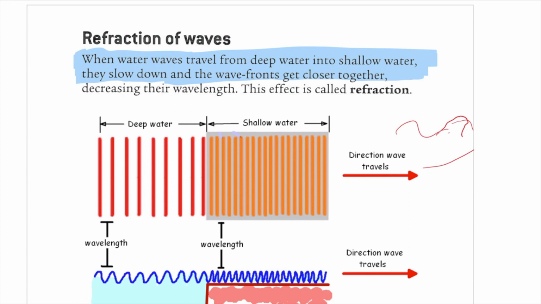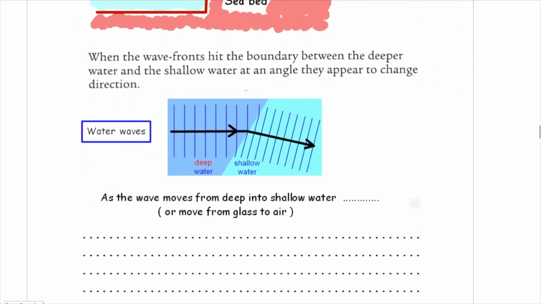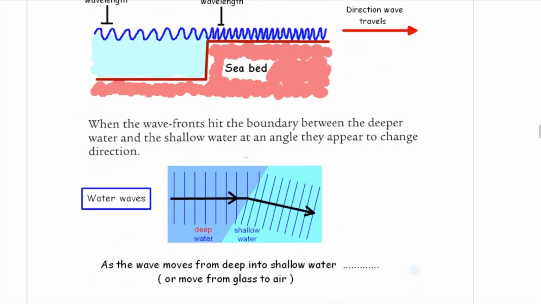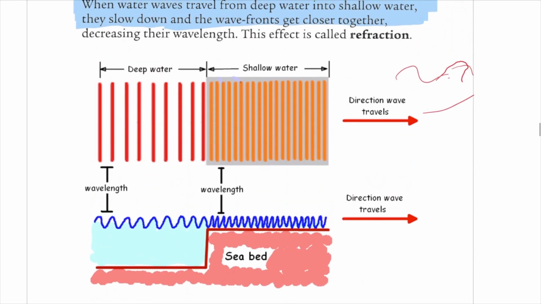Now, when this happens and the change in the speed is at an angle, like we've got here, it causes a change of direction. And the change of the direction is all to do with a change in speed.